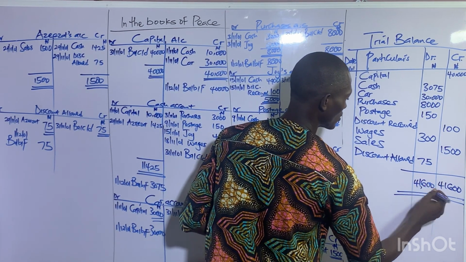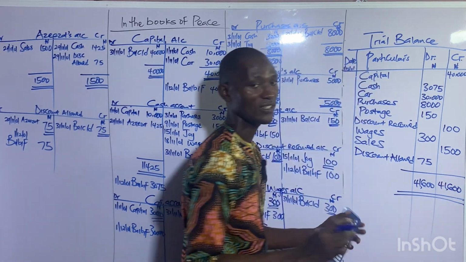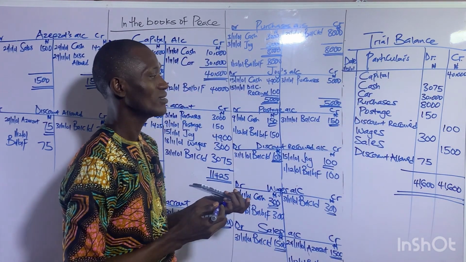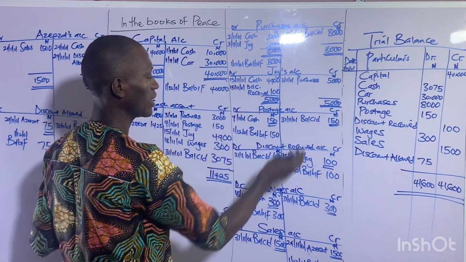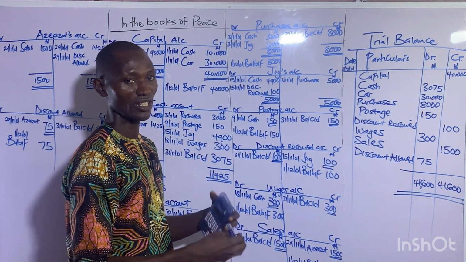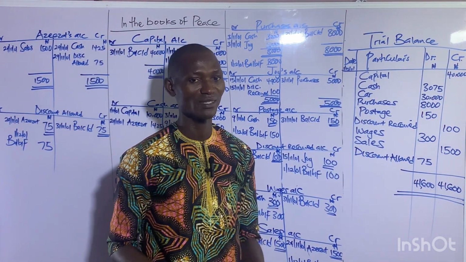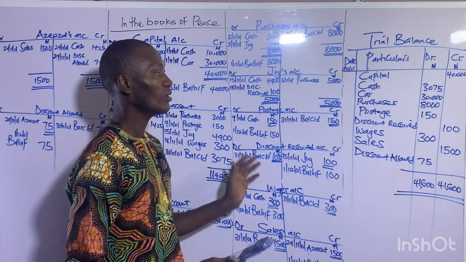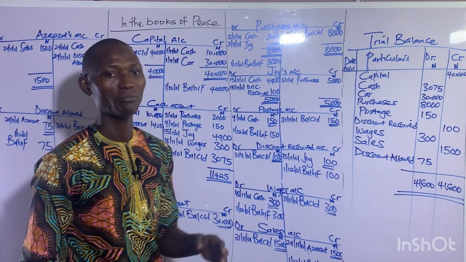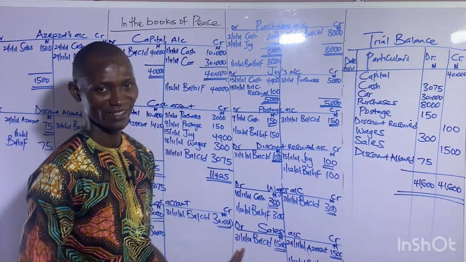So that means the two sides are equal now. And it simply means our recording is intact, because trial balance is basically used to test the arithmetical accuracy of the postings that have been made in the ledger.